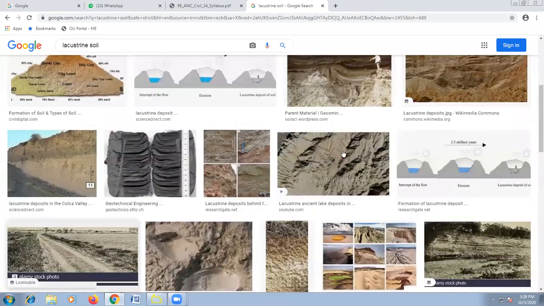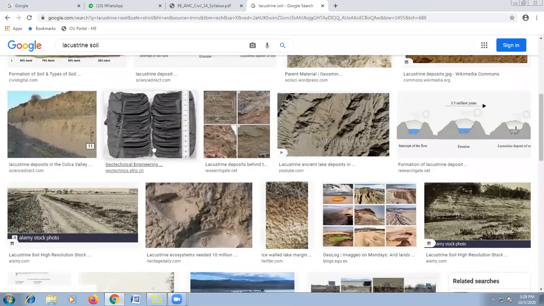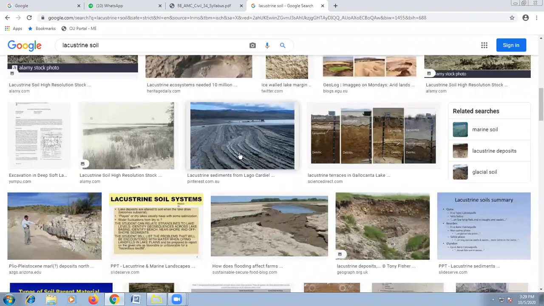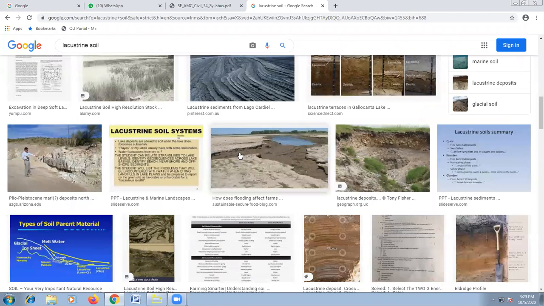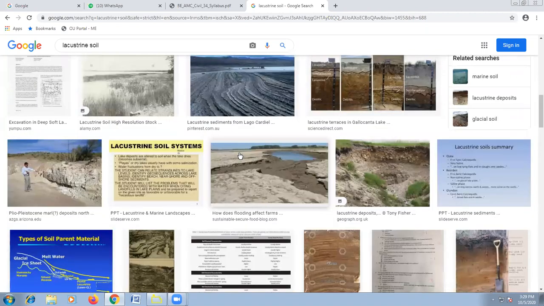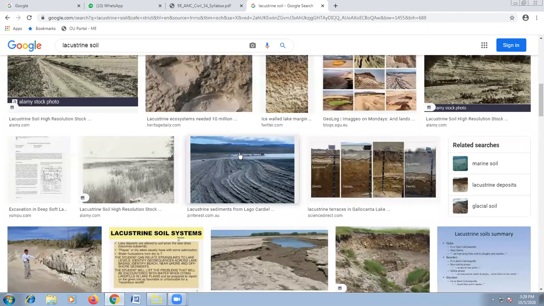These are a very small group of soils. You can see some of these lacustrine soils, and in Kashmir they are famous for supporting saffron crops. Right, so this was all about the geological classification.